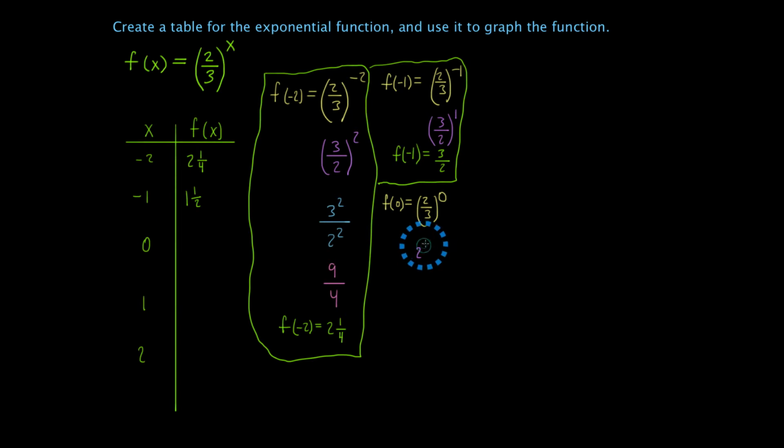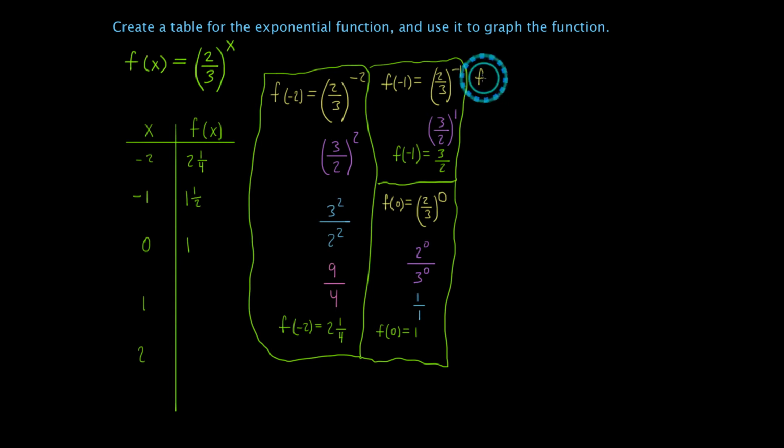So 2 to the power of 0 over 3 to the power of 0, which simply gives me 1/1. So f of 0 is equal to 1. And I keep forgetting to border this information off.